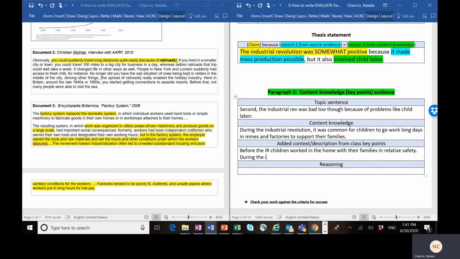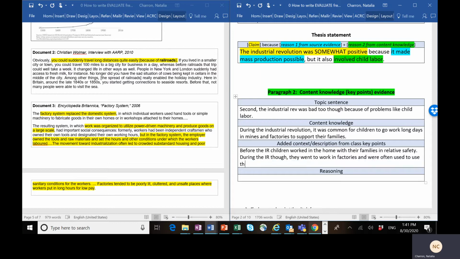During the Industrial Revolution, though, they went to work in factories and were often used to, this is something that most of my students remember because I describe it in detail because it grosses them out, were often used to use their tiny hands to unblock stuck machinery.